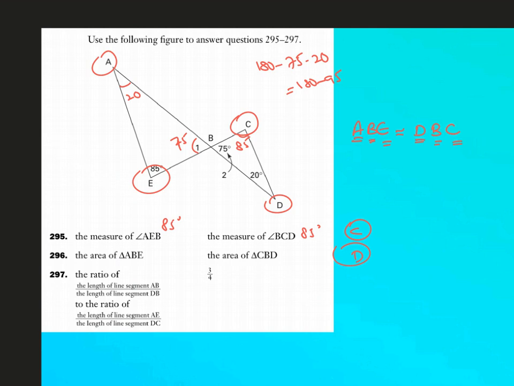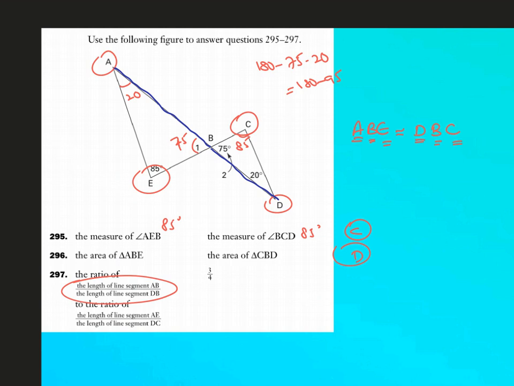Okay, now the last part is interesting. They're saying the ratio of this AB upon DB. So AB is this length and DB is the corresponding length on the other triangle. So I don't know what the lengths are, but I just know that the ratio has to be the same.